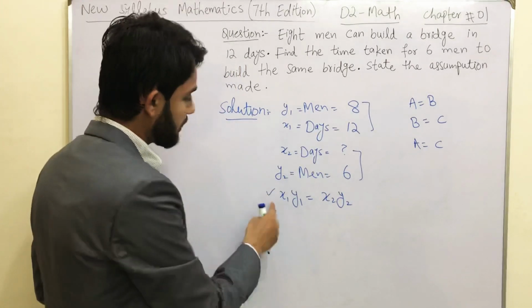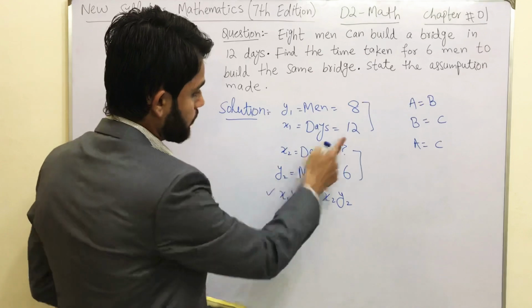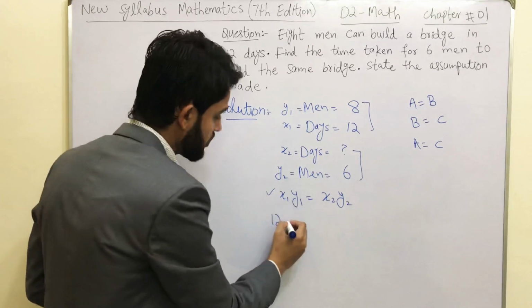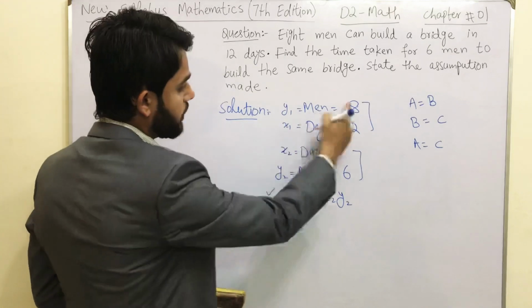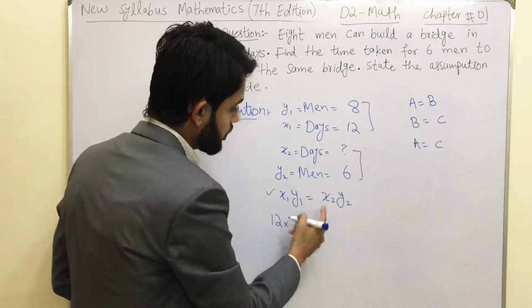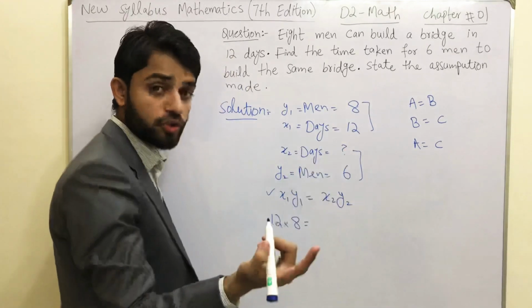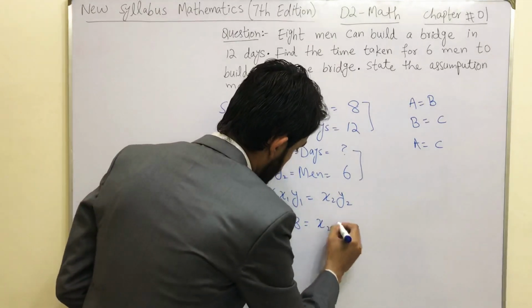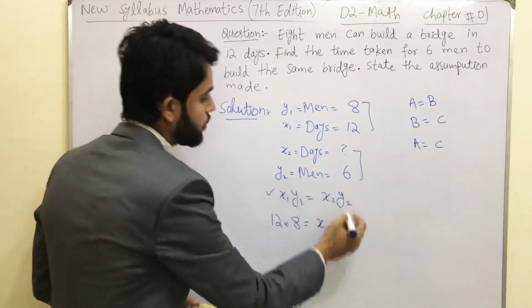Now just plug in the values. X1, we know, is 12. These two terms are multiplying with each other. Y1 is 8, equals X2. X2 we don't know, so you are going to keep it the same. X2 multiplied by Y2, which is 6.